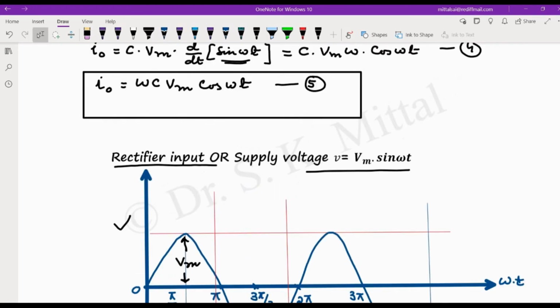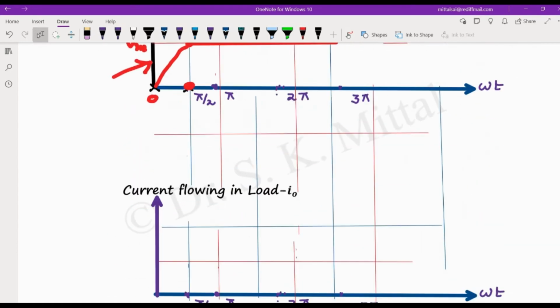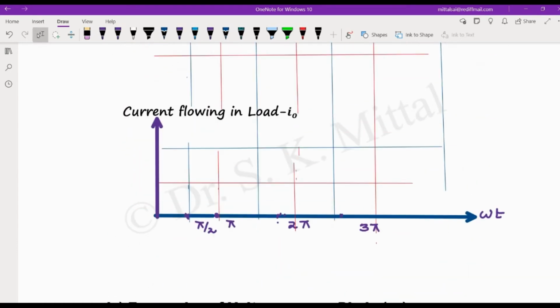So we can calculate, first of all, I0 is equal to omega C Vm cos omega t. This is the expression for output current.